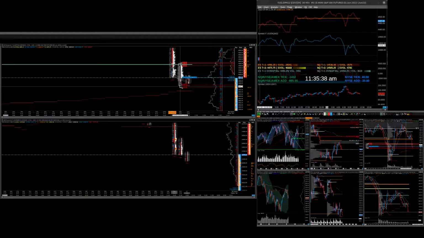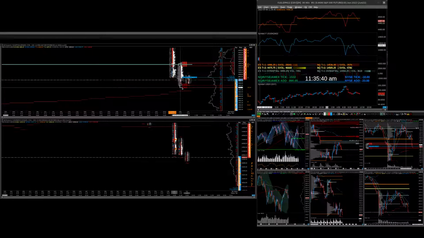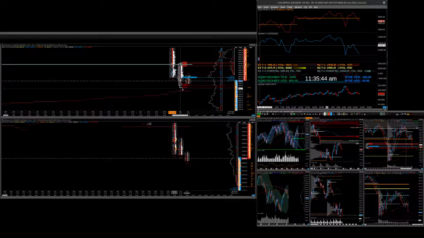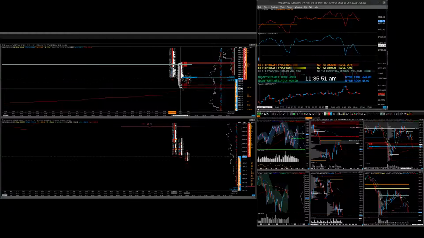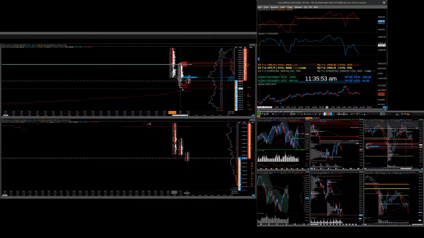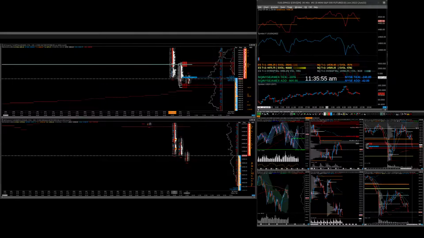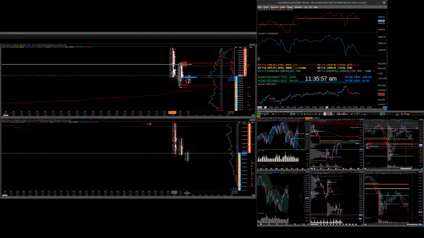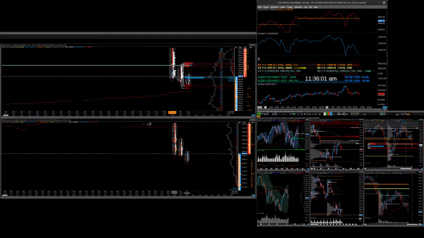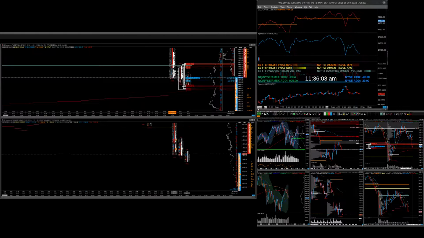The market is certainly drifting down right now. In a bit of a lazy market towards the close. Not a fun time to really trade. I do think we test upside though. Come on. There you go.